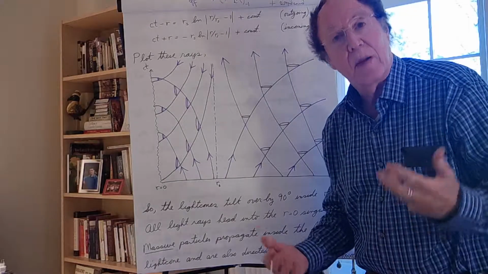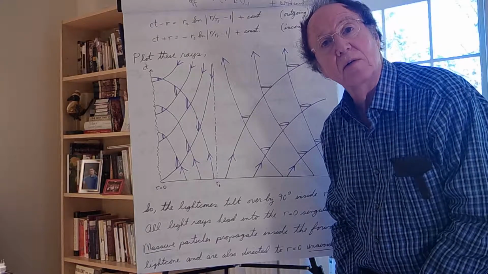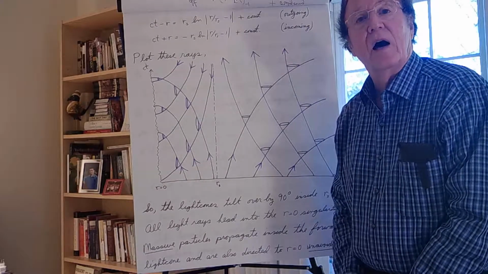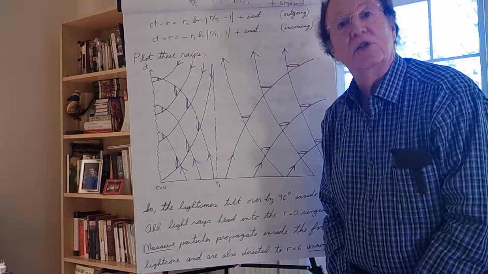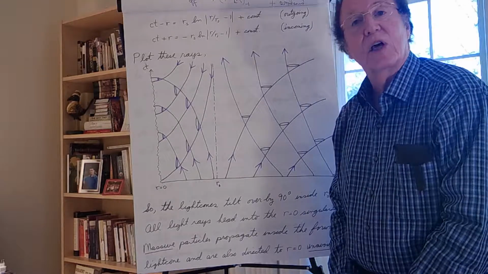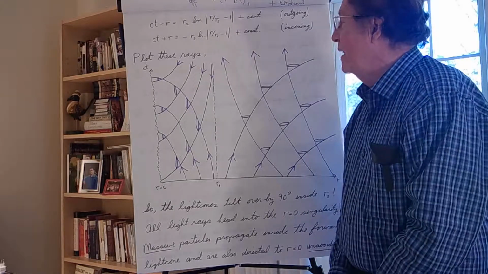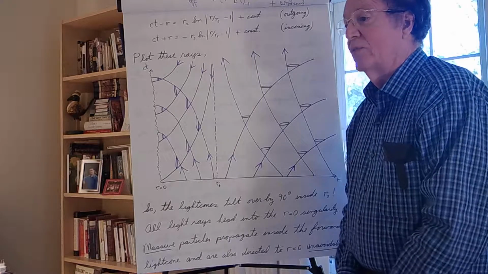Why is that? Remember the statement of the solution: g00, the coefficient of the time squared in the metric, goes to 0 as you approach the Schwarzschild radius. We learned from our discussion of the redshift that means that there's an infinite redshift as we go in.